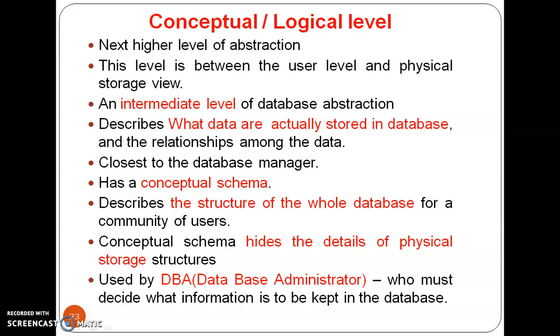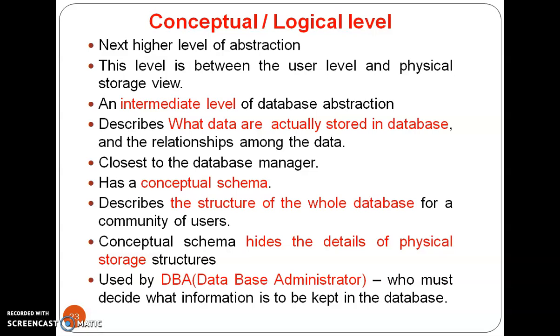The conceptual level is the next higher level of abstraction, and this is an intermediate level, and it describes what data are actually stored in the database. It has a conceptual schema and describes the structure of the whole database for the community of users. It also hides the details of the physical storage structures.